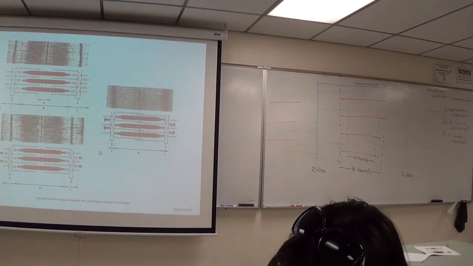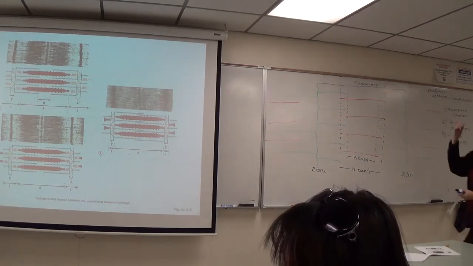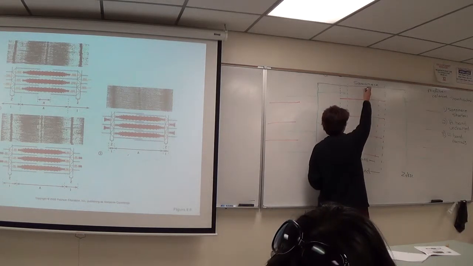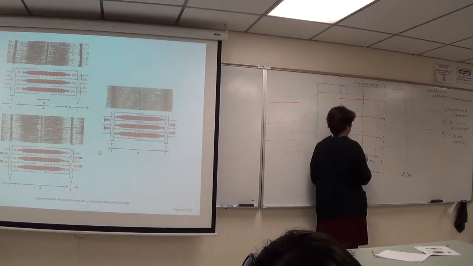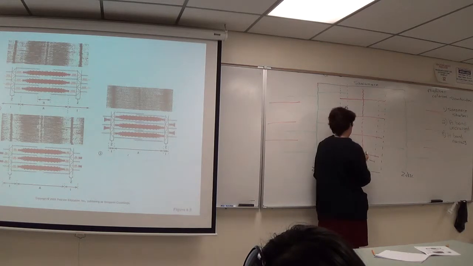All right, so the H band is going to narrow. And then we remember we had proteins attaching the myosin bands together, the myosin binding components here that form the M line. And obviously that's not going to change.